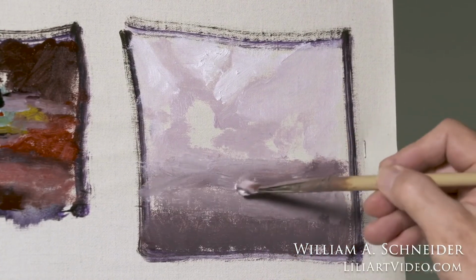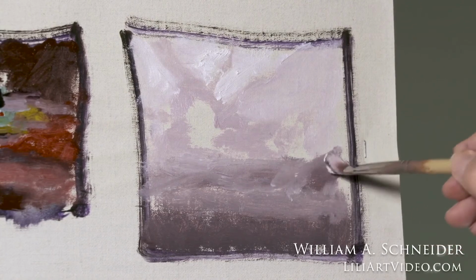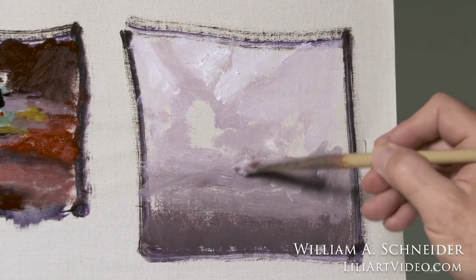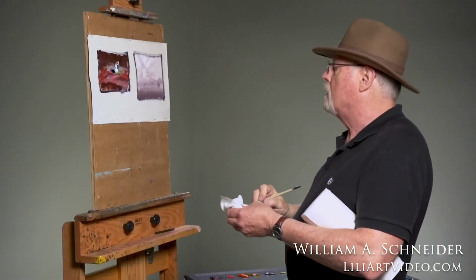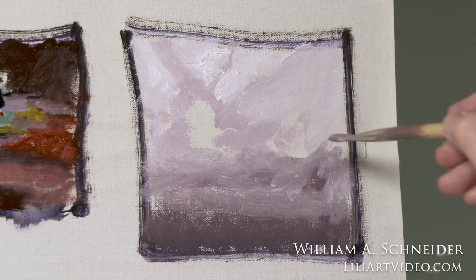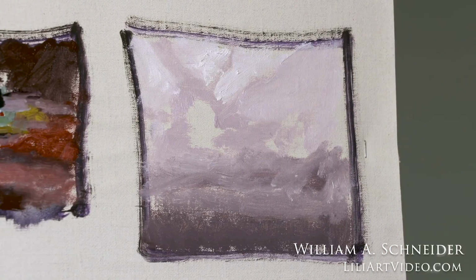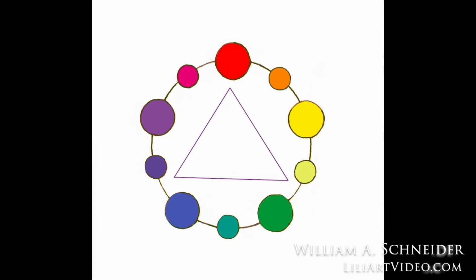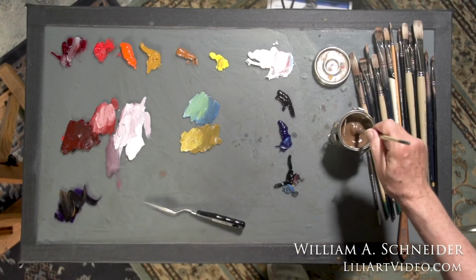And maybe there's some little darker areas showing through. So we've left room for kind of this steelyard design. So the complement of violet is yellow-green. So I need some yellow-green.